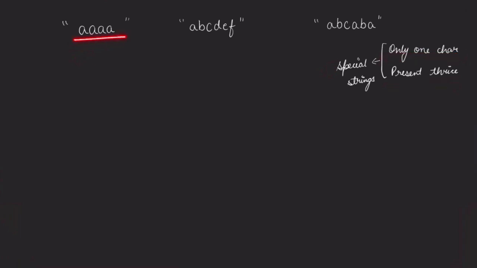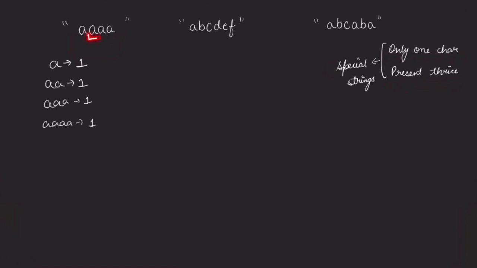Right. So if we try all the possible substrings in this particular case, what are all the possible substrings we have? First we have A, then AA, then AAA, and then AAAA. A is coming once, AA coming once, AAA coming once, AAAA coming once.